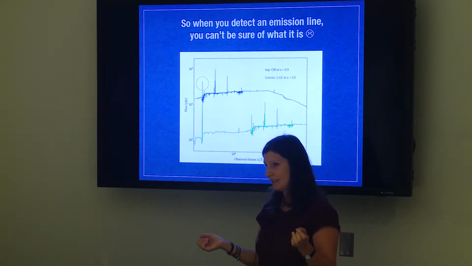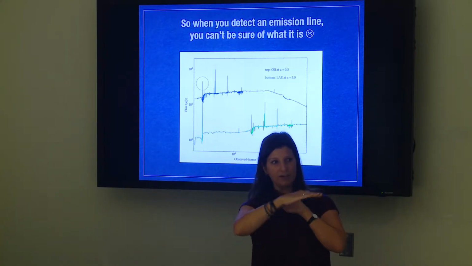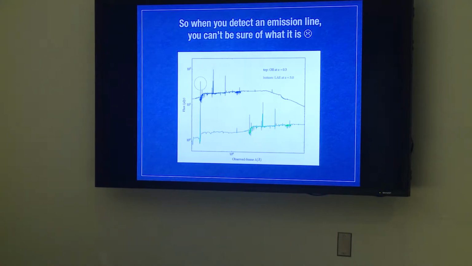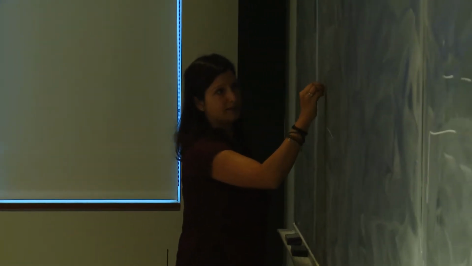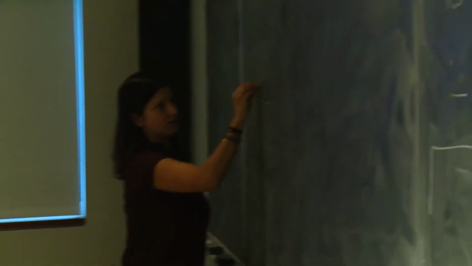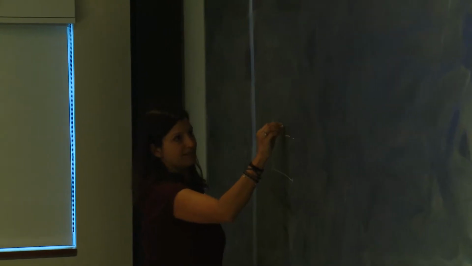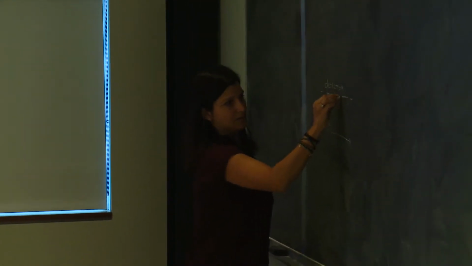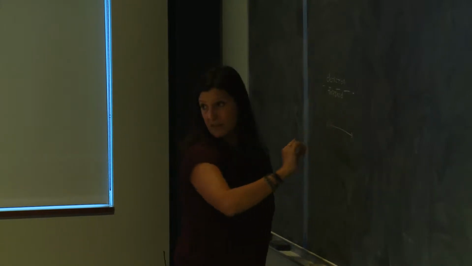All you see is, say this is the range of your spectrograph. Most likely, this is the detection threshold. And so you would see nothing, nothing, nothing, because the continuum is below the detection threshold in most cases.